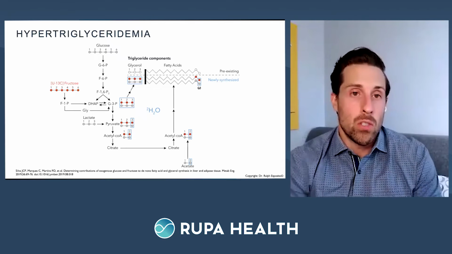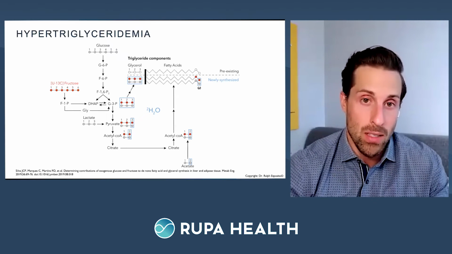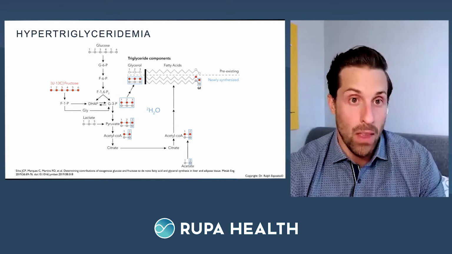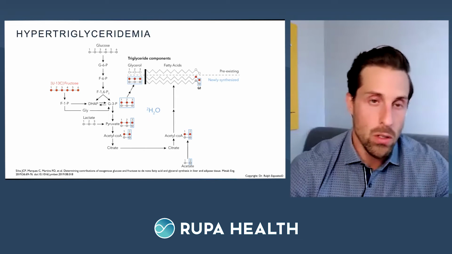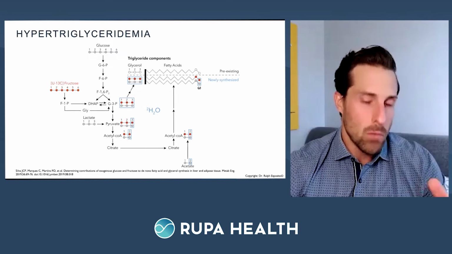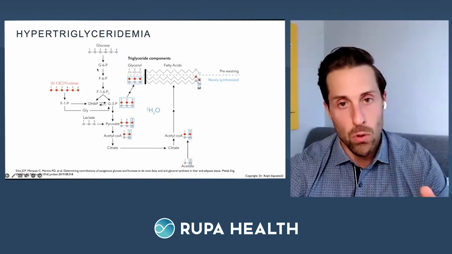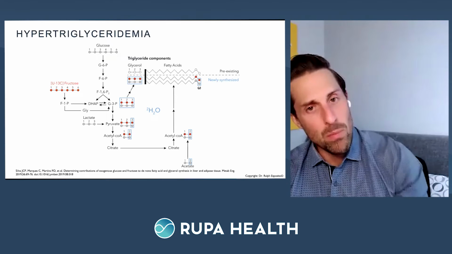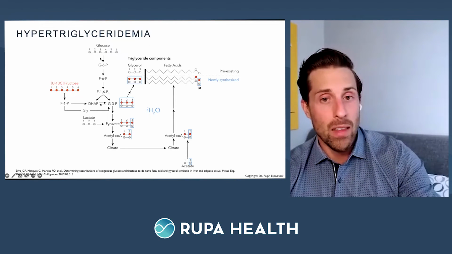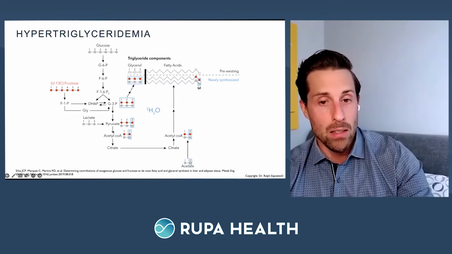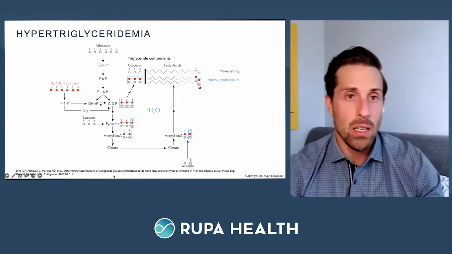Any type of starch or carbohydrate is broken down into a simple glucose, which is all of them aside from fructose. But that can be converted, and you can see we have other versions like fructose 6-phosphate, glucose 6-phosphate, etc.